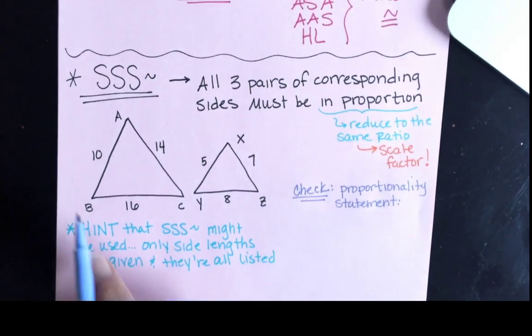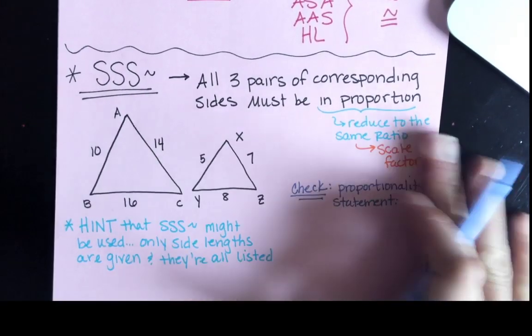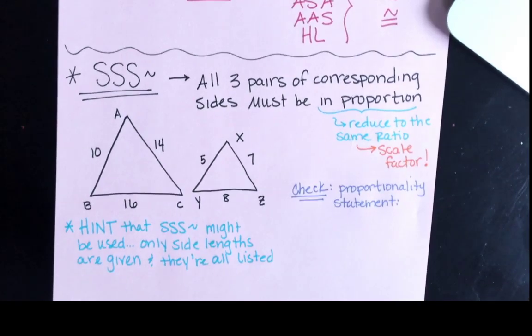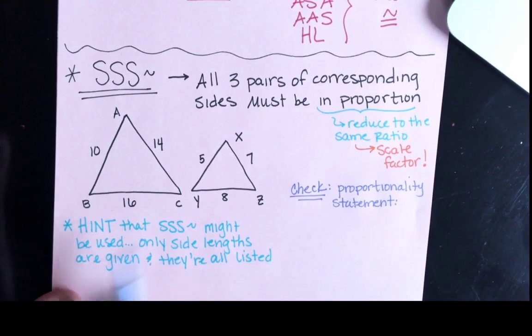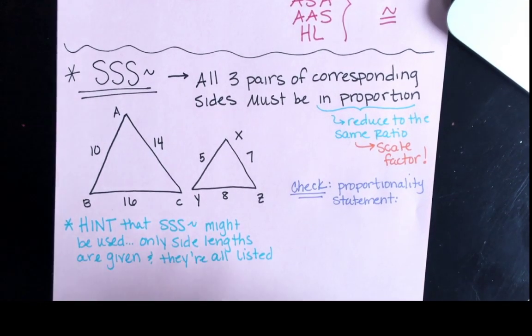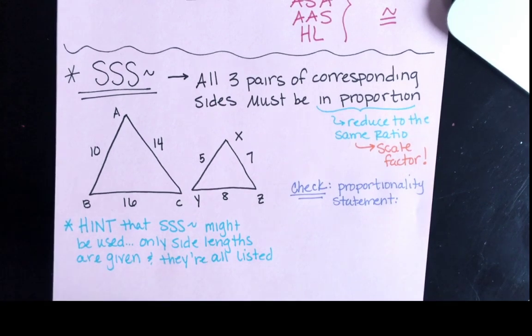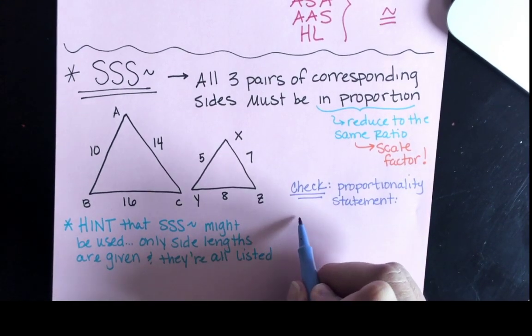So once we notice that we think it's side, side, side, we want to match up the proportionality statement. Easiest way, find the longest side, match it with the longest side. Again, using the idea that we did with our triangle inequality, where opposite the largest angle is the longest side and opposite the smallest angle is the shortest side. We're still going to do that.